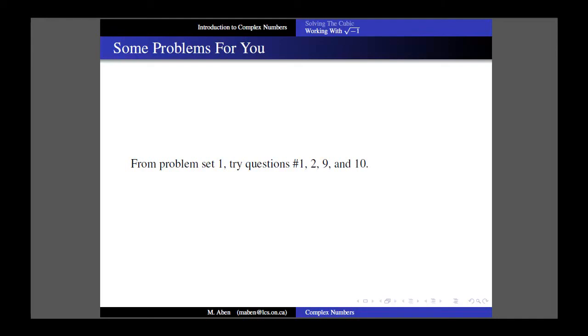If you want to try and work on these a little bit yourself, I personally think that there's only so much math that you can learn by watching other people do math, and in the end you have to pick up a pencil and paper and do it on your own. So here are some problems for you to try. At the back of the notes you will find full solutions if you get yourself stuck. But try and see if you can do these without cheating and taking a look at the solution.